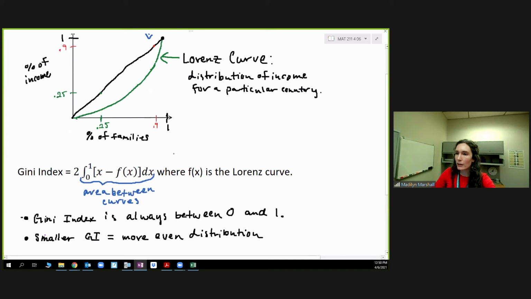So the closer the Lorenz curve is to that equality curve, the more evenly distributed the income is. If they're closer together, then there's going to be less area in there. So this is what the Gini index tells us. As long as we know the Gini index of countries, we can compare the distribution of income.